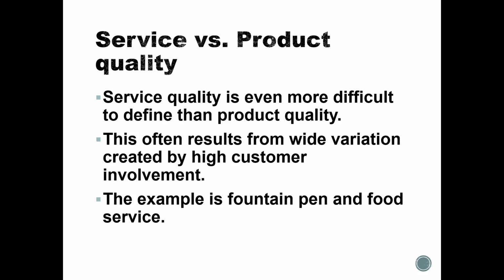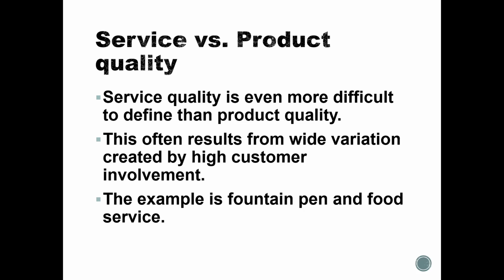Now, what is service versus product quality? Service quality is even more difficult to define than product quality, because for a particular product, if you are giving some service, it may happen that the other person may not get the same service which the first person has received. This often results from wide variation created by high customer involvement.